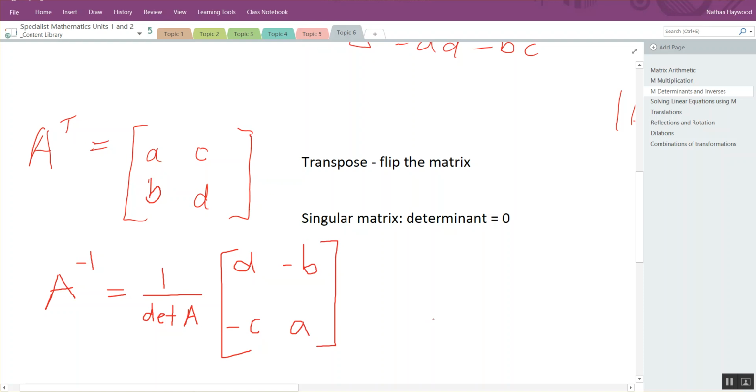So I flipped the diagonal and I made the other diagonal negative.